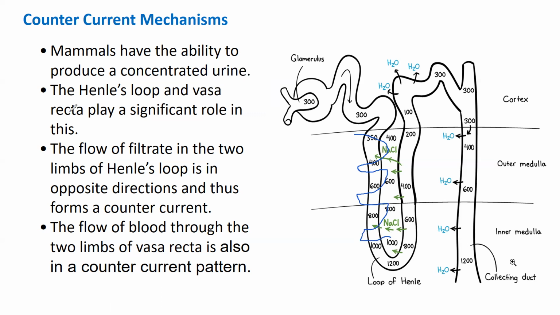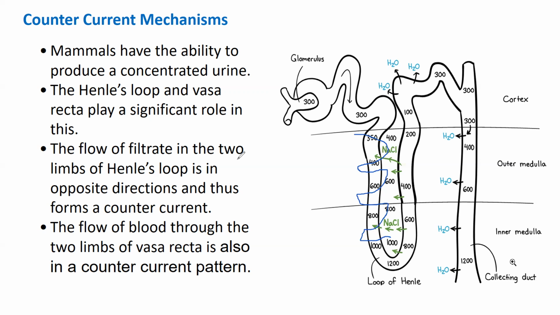So the loops of Henle and the vasa recta play a significant role in the counter current mechanism. As the name suggests, counter current means that the two fluids are flowing in two opposite directions, right? So in the Henle's loop, the fluid is flowing in the opposite direction to that in the vasa recta.